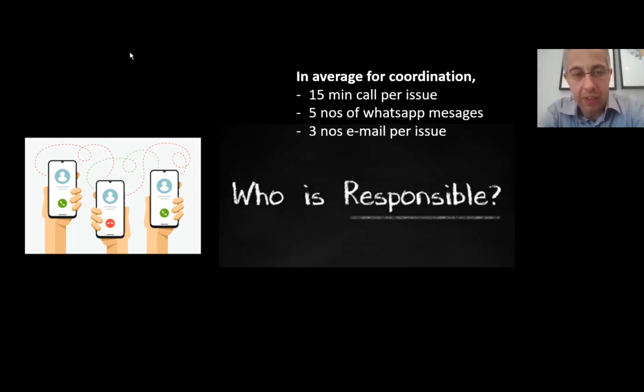I think this is a lot, because people are spending a lot of time writing emails or calling each other to understand who is responsible and how the issue is going on. And it's not an easy process.